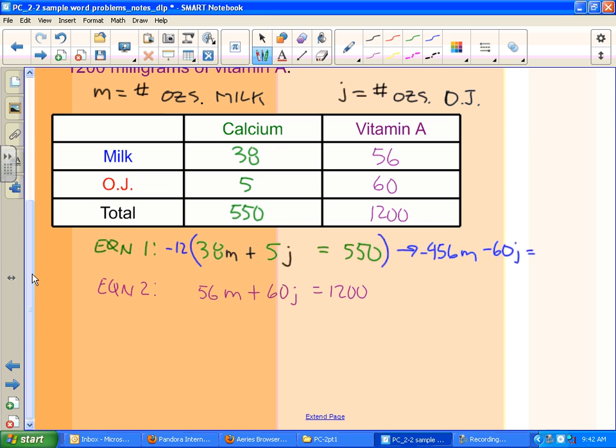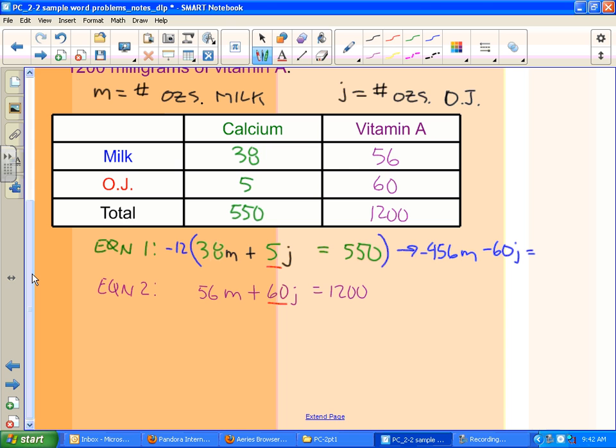Oh, where did I get the negative 12? Great question. Who asked that? Shy. All right, where did we get the negative 12? Simon suggested that we eliminate, see the j's? I've got 5j's and 60j's, and we're trying to make one of them opposite, so we multiply the 5 by negative 12.